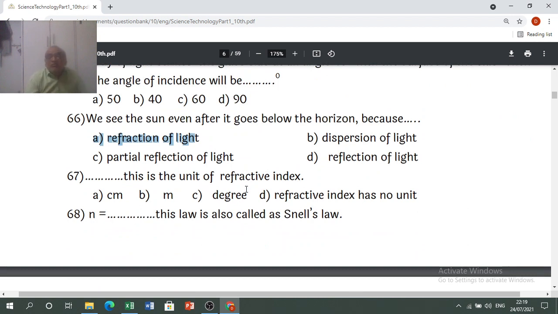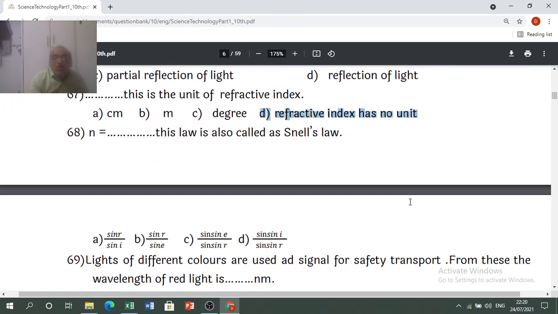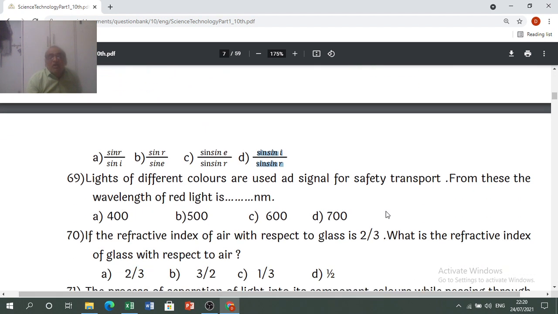Refractive index has no unit, because n1 by n2 is equal to mu 2 is equal to v1 upon v2. The law sin i upon sin r is called Snell's law.